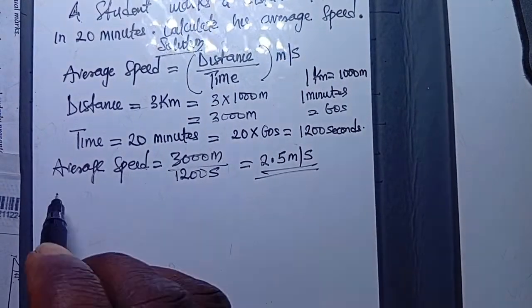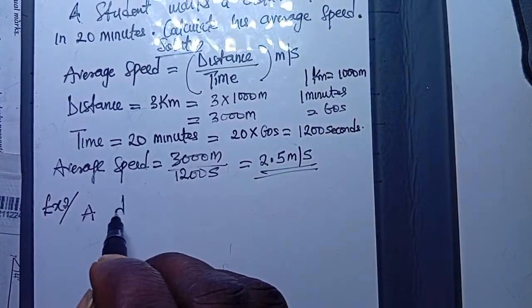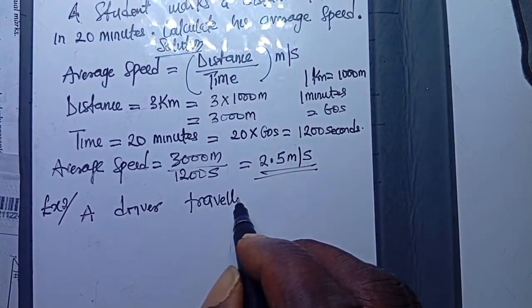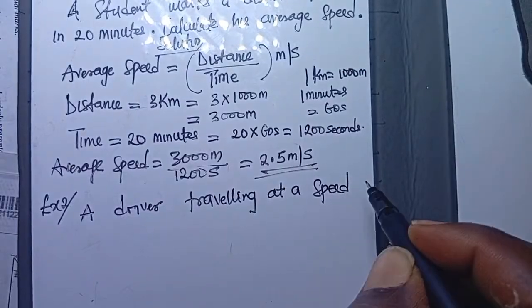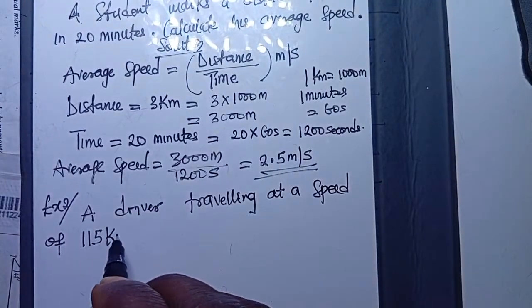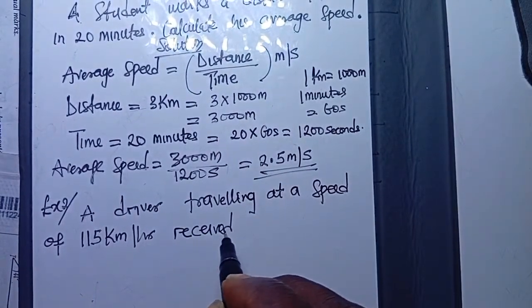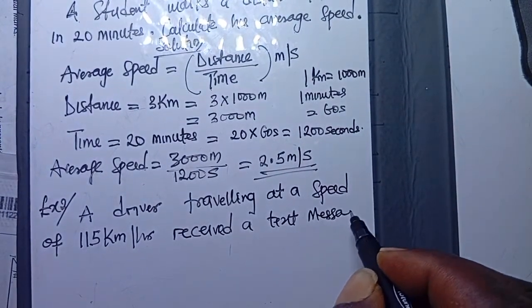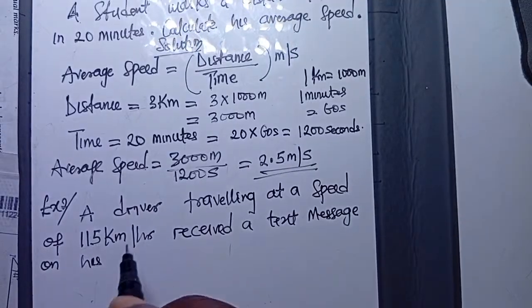So example 2. It said a driver traveling at a speed of 115 kilometers per hour received a text message on his mobile phone.